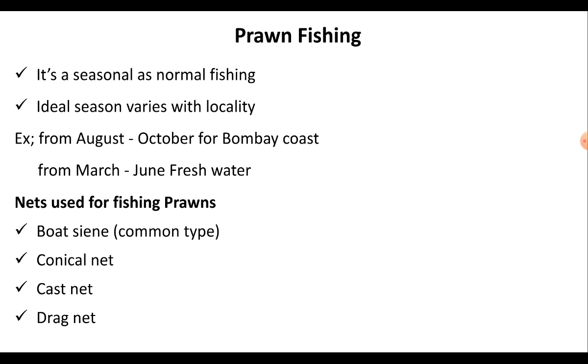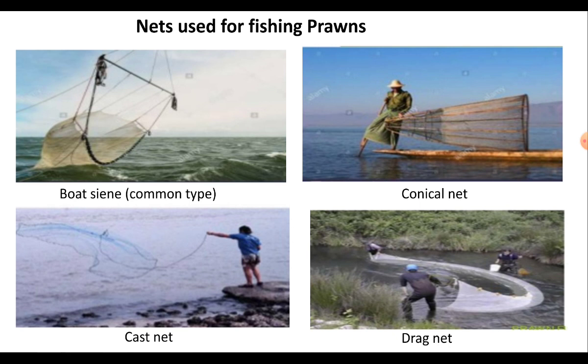where in estuaries and backwaters a peculiar type of conical net supported by a pair of stakes is used, and this net has a wide mouth and is set against the tide. You can have a look at this picture, where the tidal water brings the prawns and other crustaceans, which get engulfed in such nets.